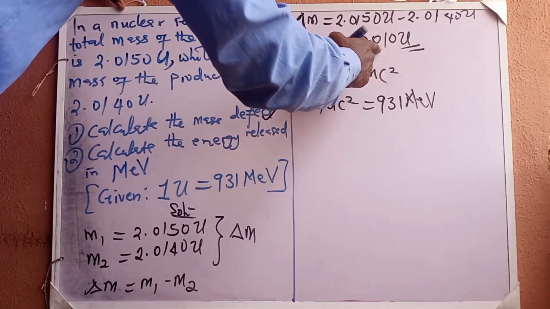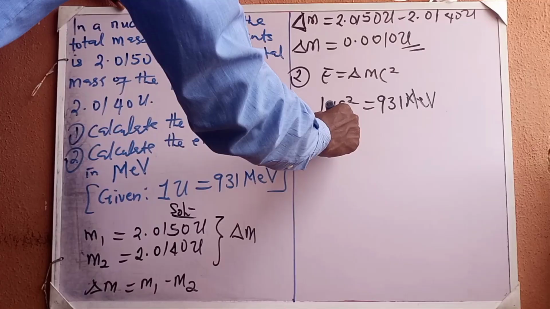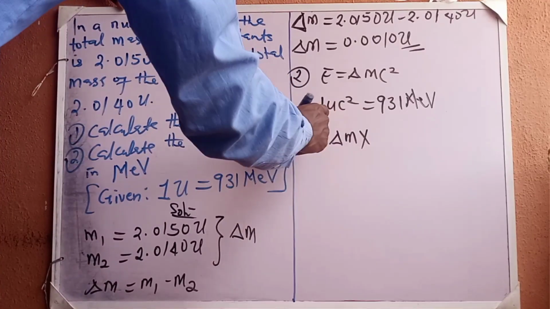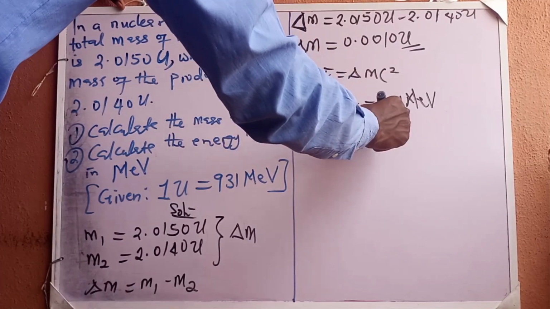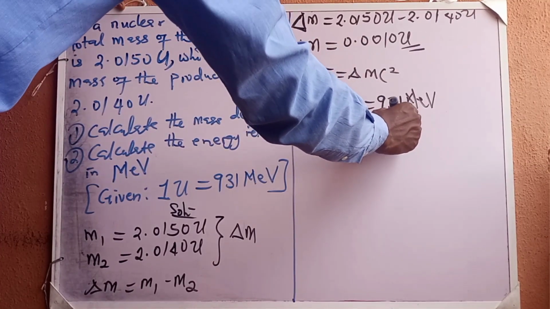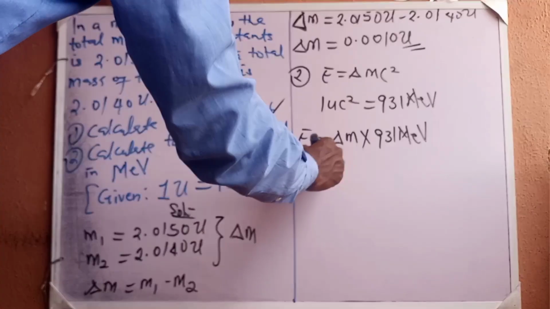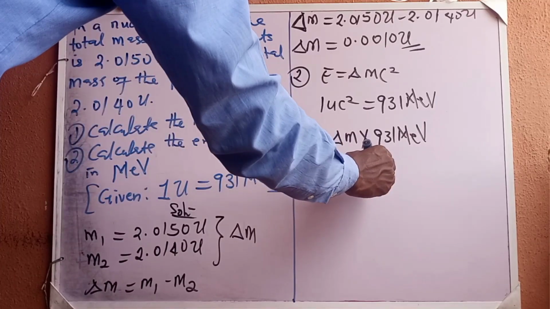So to get the energy that this will release, E will be this very mass, delta M, multiplied by the energy that 1 U will release, which is 931 MeV. So this energy will be equal to 0.001.